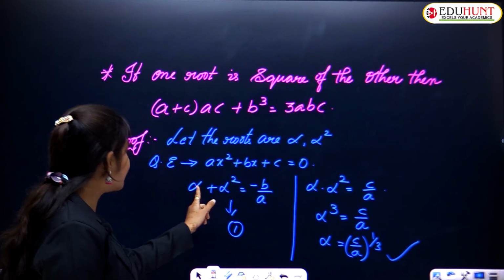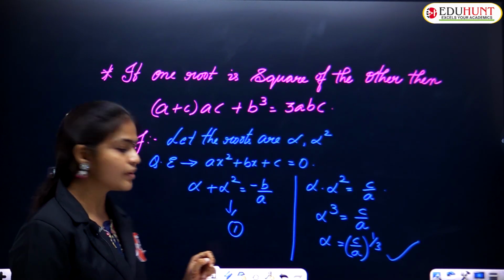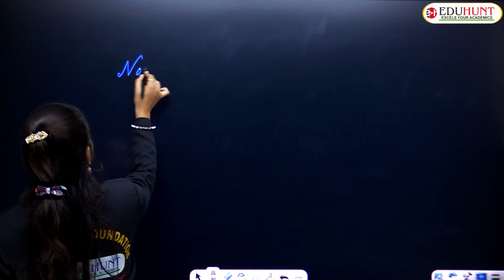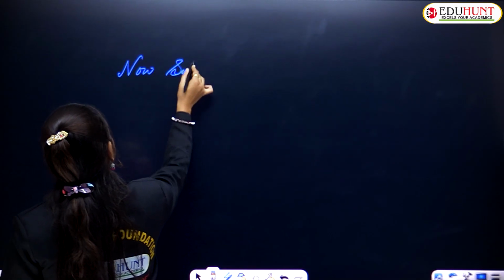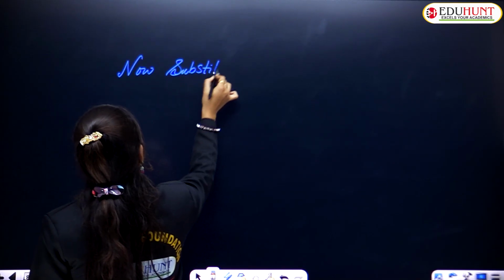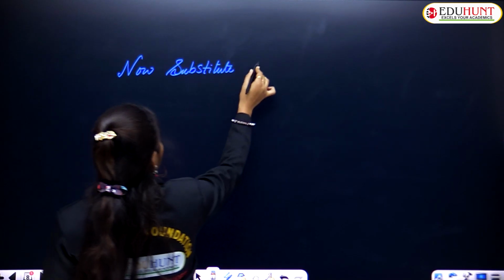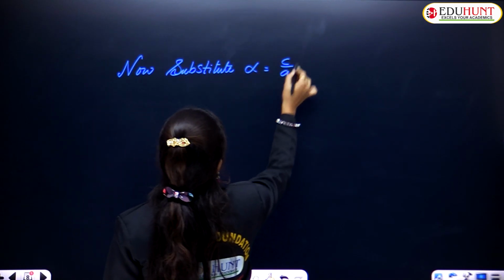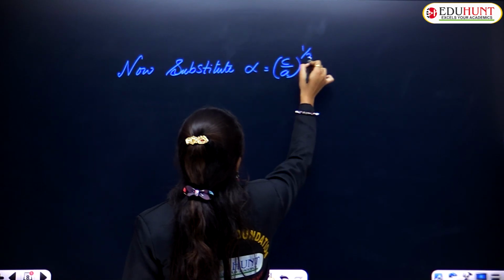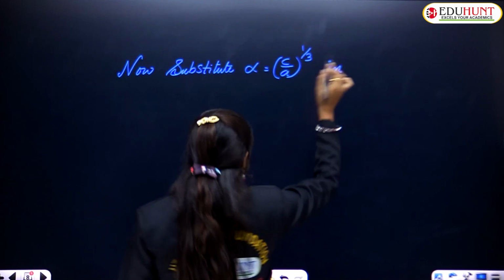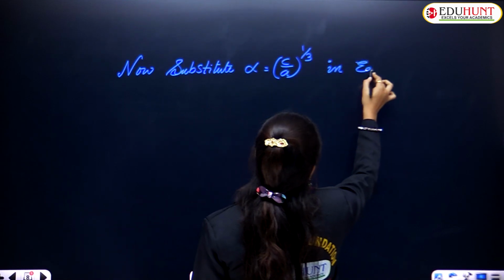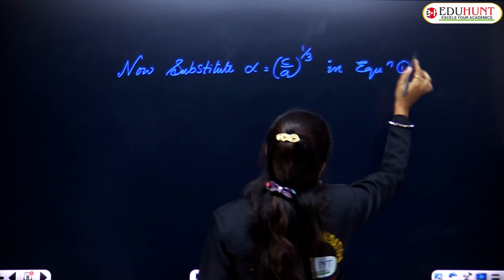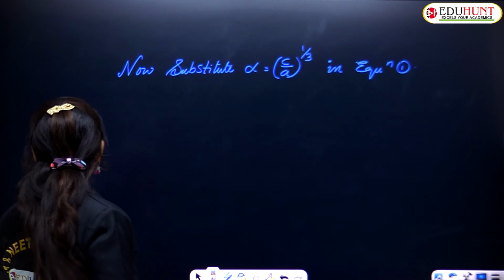So just directly substitute alpha is equal to c by a whole power 1 by 3 in equation 1.